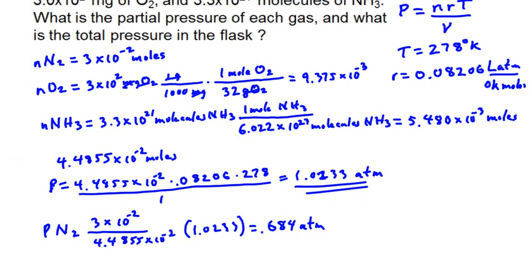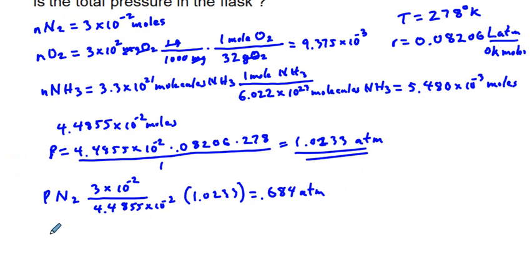And then our pressure of our oxygen, it's just a proportionality thing. We're going to have 9.375 times 10 to the negative 3 power over, again, 4.4855 times 10 to the negative 2 power.